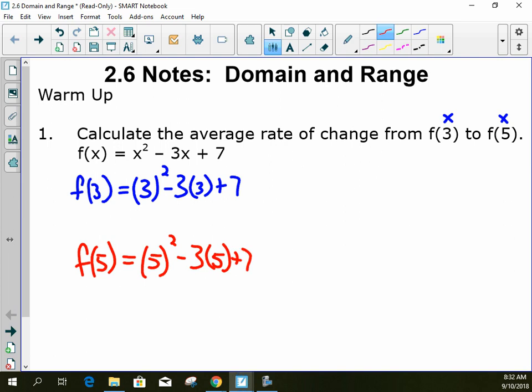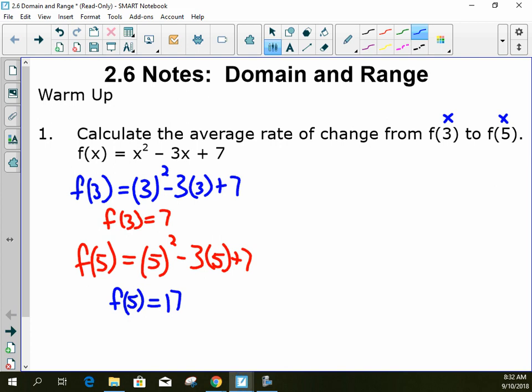When I put this into the calculator, I have 9 minus 9. What's 9 minus 9? 0. Plus 7. So f of 3 equals 7. Five squared is 25. 25 minus 15 is 10. 10 plus 7 is 17.